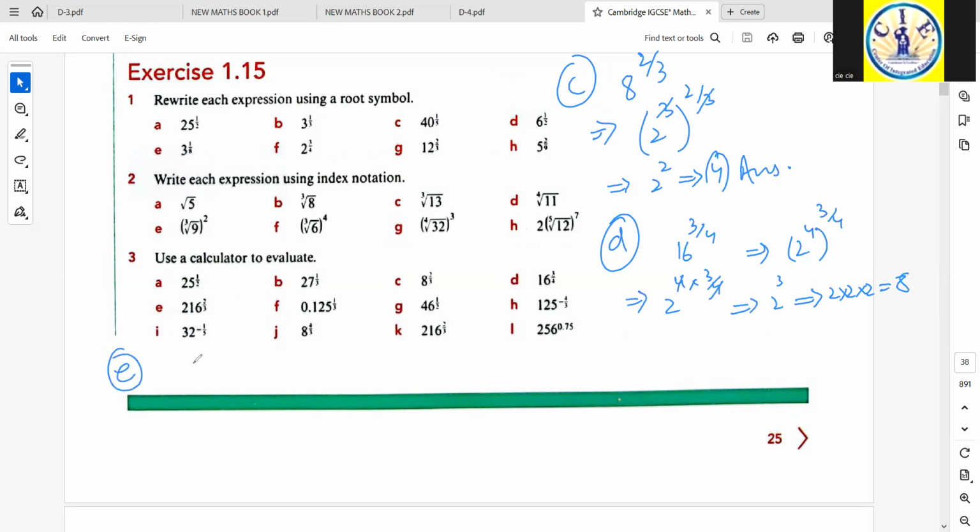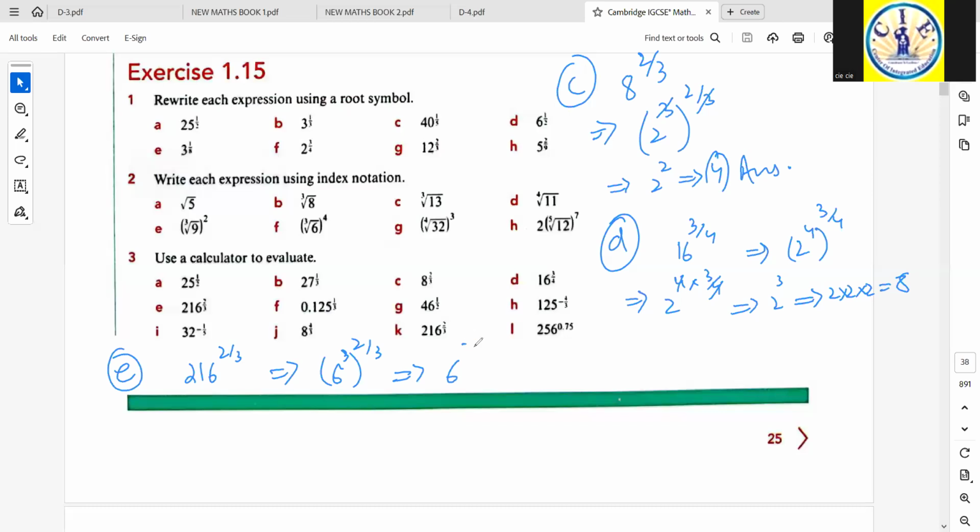Then part E, 216 raised to power 2 by 3. Now we need to find a number which, when multiplied with itself 3 times, gives us 216, and that number is 6. So I can write 6 raised to power 3 for 216, whole raised to power 2 by 3.